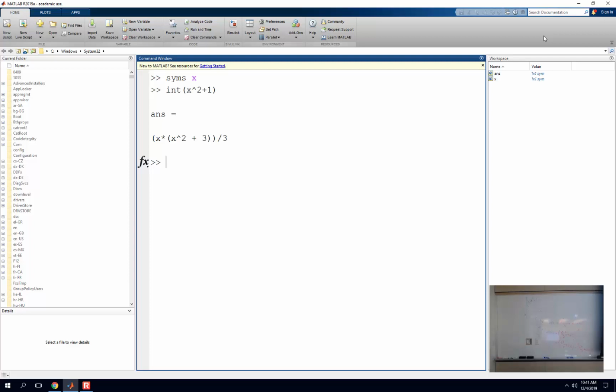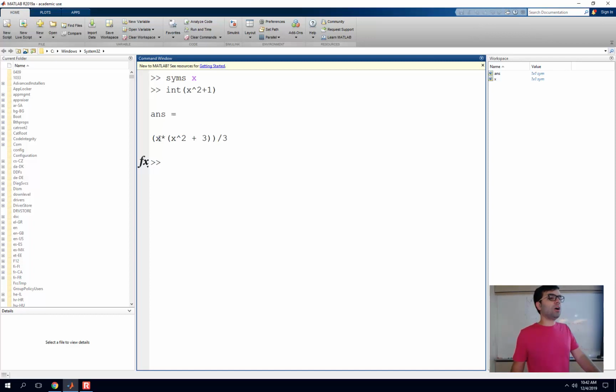Is there any difference between that and this? Between what MATLAB gave me and what we derived? They look different, but are they different? They're not, right? So what I have here is x times x squared plus 3.